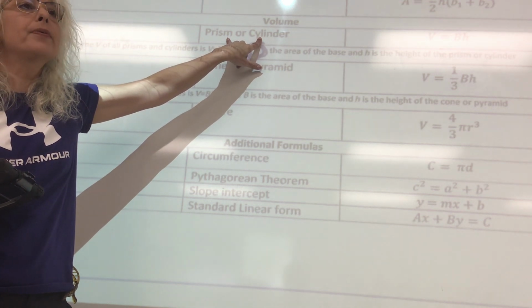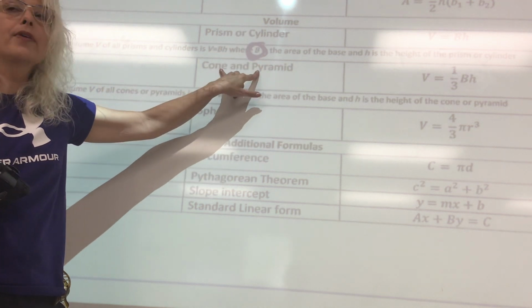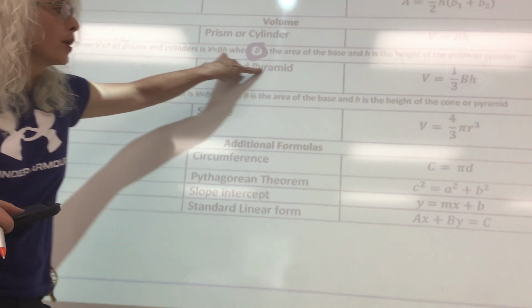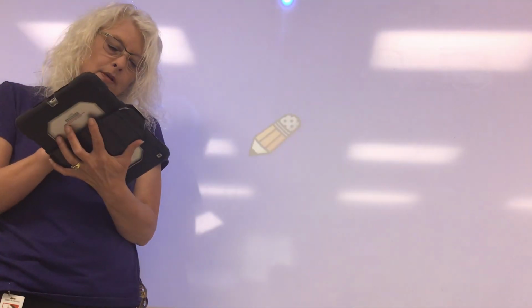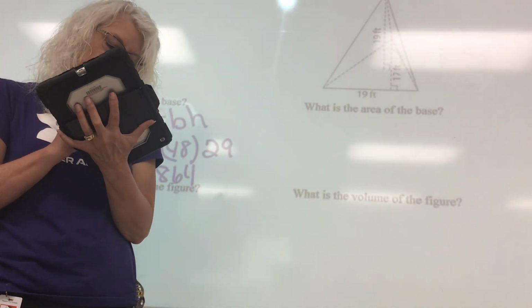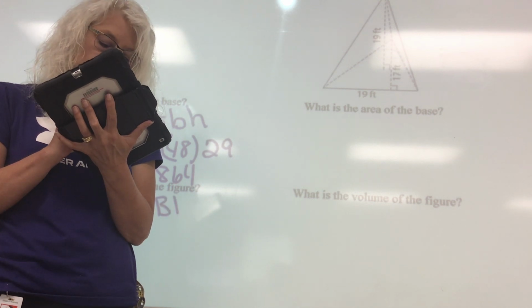No, are we trying to find the volume of a cone or pyramid? Yes. So we're going to go over and write down our formula: the volume equals 1/3 capital B little h.